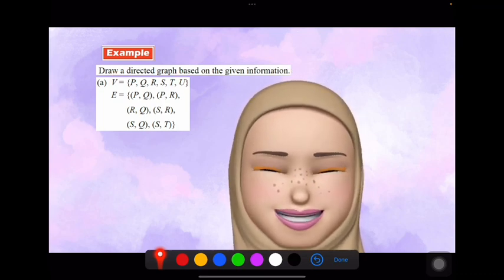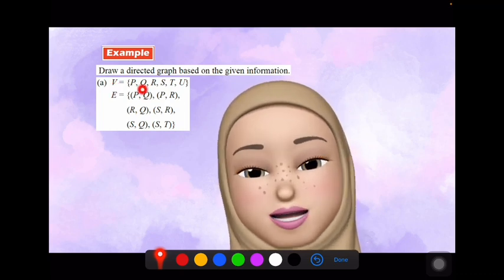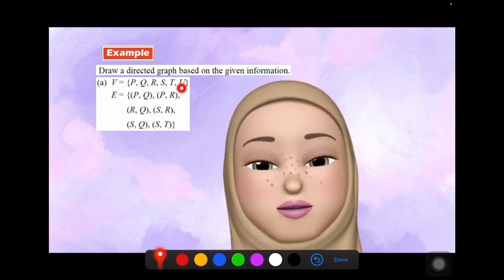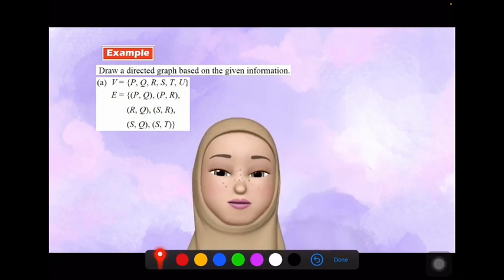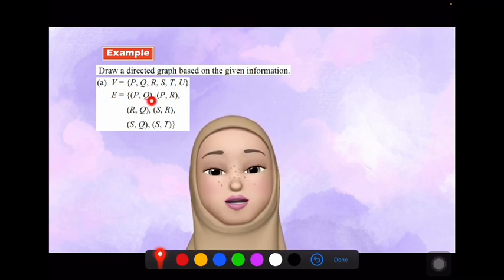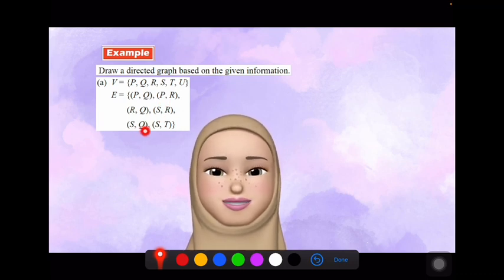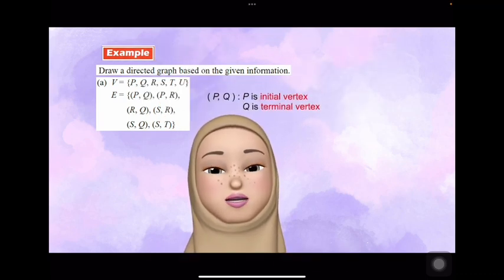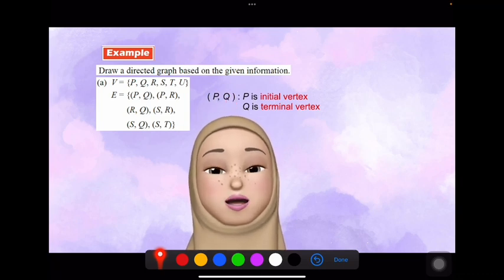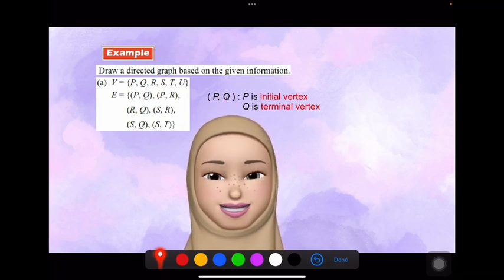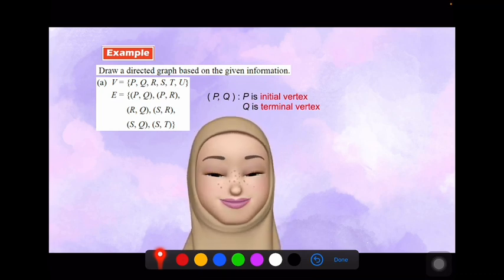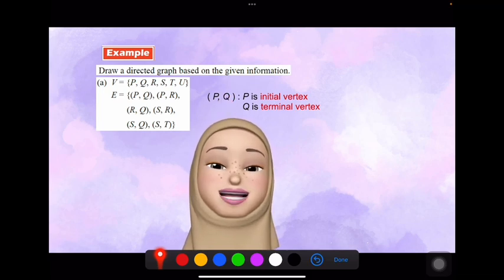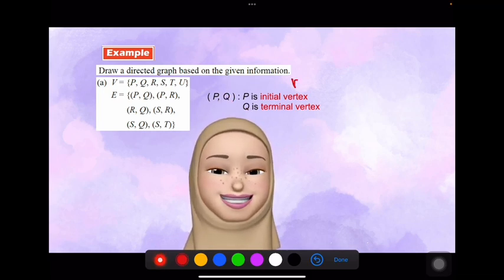You are given set B consisting of vertices P, Q, R, S, T, and U. And you are also given set E consisting of a pair of vertices PQ, PR, RQ, SR, SQ, and ST. Each pair, for example PQ, means the first letter P represents an initial vertex, and the second letter Q represents the terminal vertex.